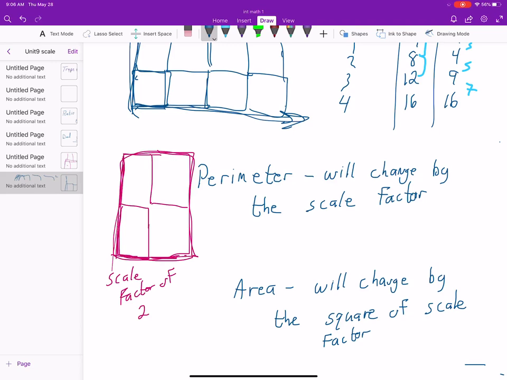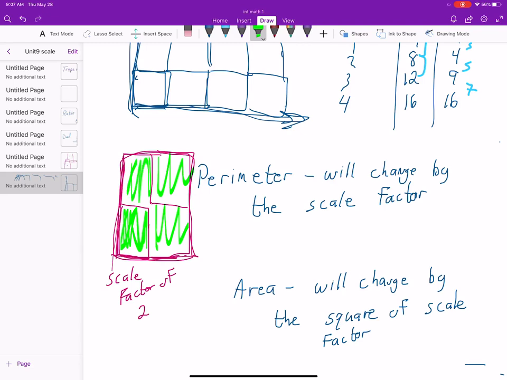Because when I'm talking about area, I'm talking about this being just one rectangle, but then when I double it along each side, I get 1, 2, 3, 4 rectangles.